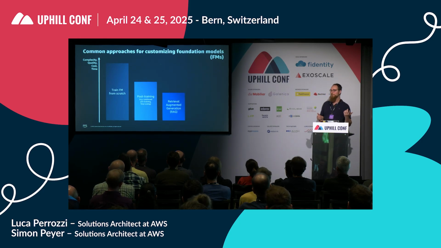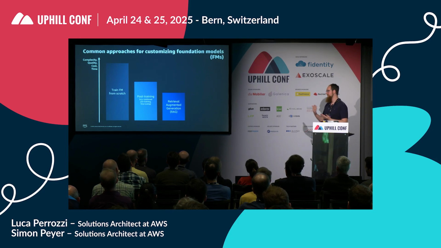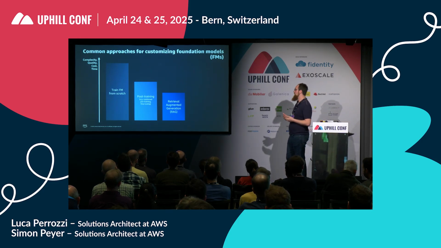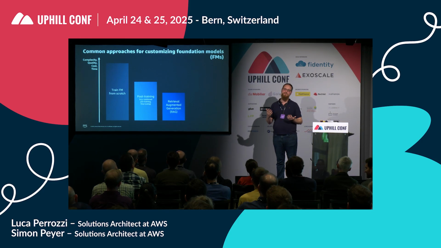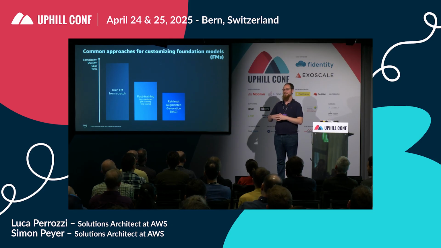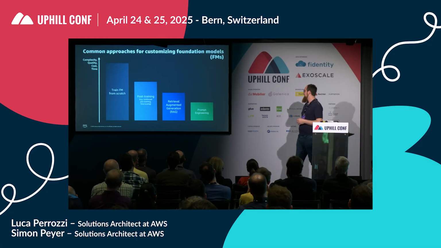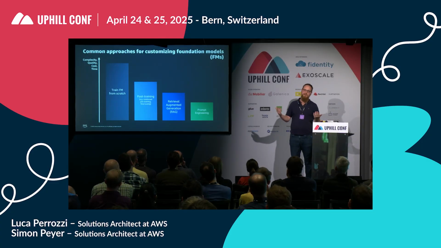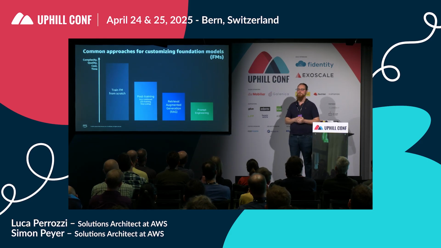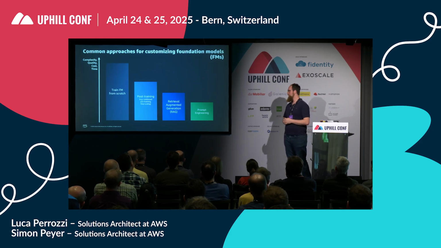What you can also do when you want something maybe a little bit faster is to do RAG. So you retrieve data, for example, from a huge corpus of data, and you're augmenting your queries with this additional data. And the fourth approach, which is the fastest one, is prompt engineering. Very fast, you can give some examples in your prompts, and then the output will be adapted to your prompt.